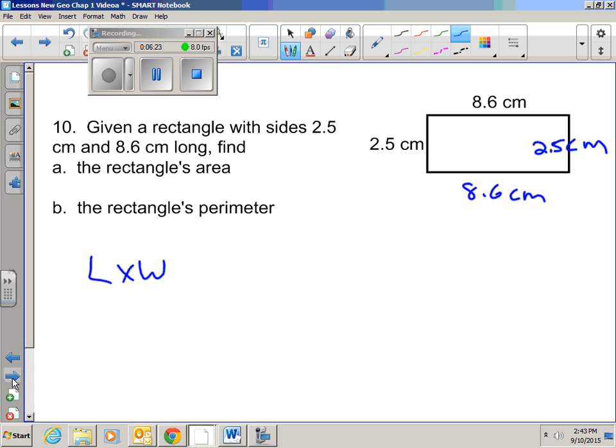So the area is going to be 8.6 times 2.5, and the perimeter is going to be 2.5 plus 8.6 plus 2.5 plus 8.6. Get out your little mini calcs, and let's see what that is.